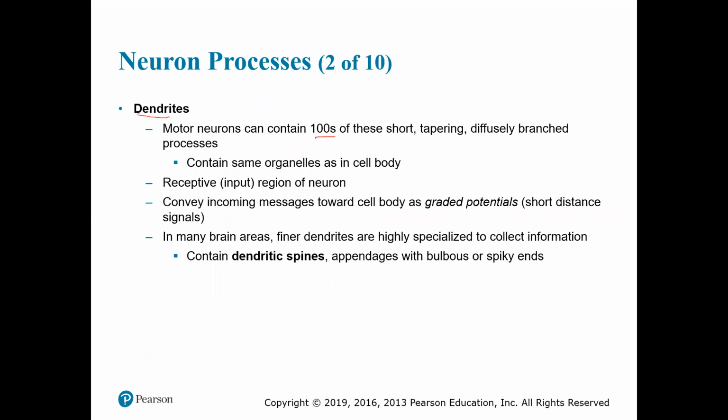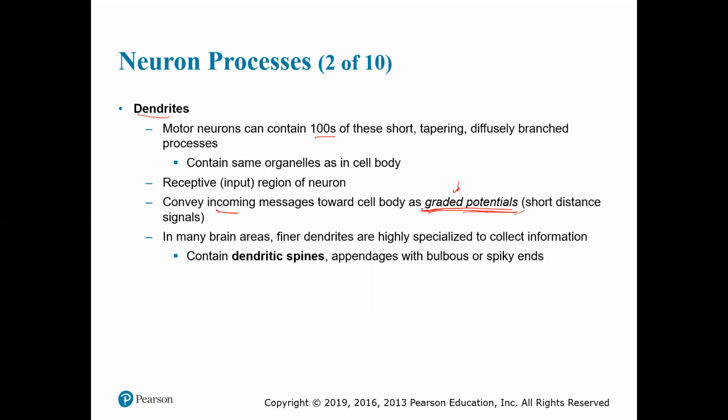So a lot of incoming messages, like I was mentioning before, the incoming information are called graded potentials, meaning some of them are excitatory potentials, some of them are inhibitory. So sometimes you want to excite a neuron, sometimes you don't, and that's completely appropriate. So that trigger zone is going to take all these graded potentials, summate them, add them up, and see which one wins, the excitatory input or the inhibitory input.